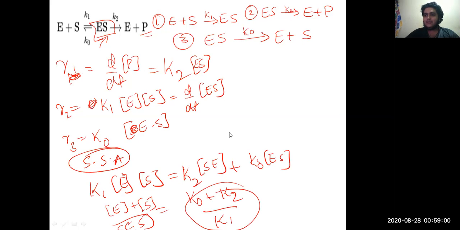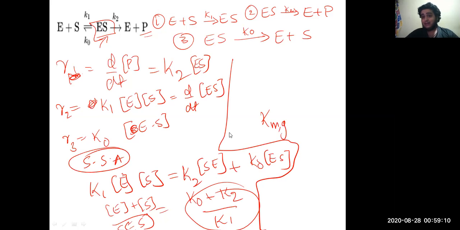Basically all of the constants can be replaced with a constant Km, which is our Michaelis-Menten constant, and then I can have the substrate concentration as just S, and I'm bringing a new term which is velocity of the equation V, and that is Vmax times S by Km plus S.